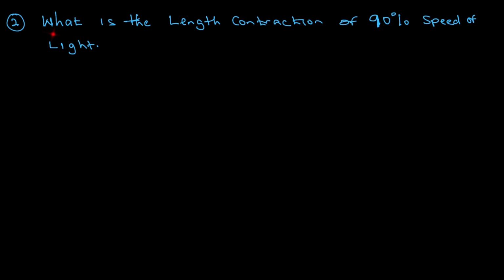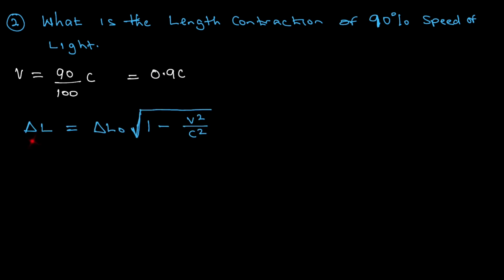Question number 2. What is the length contraction at 90% speed of light? As you can see, 90% is closer to the speed of light than 10% speed of light. So v is equal to 90 over 100 c, which equals 0.9c. Again, we write down the length contraction equation. Delta L, relativistic length, is equal to delta L naught, proper length, times root 1 minus v squared over c squared.